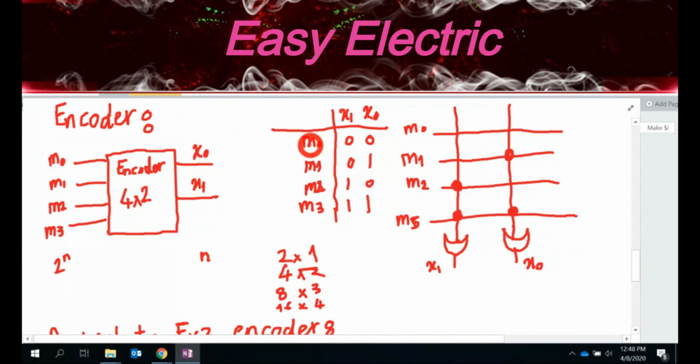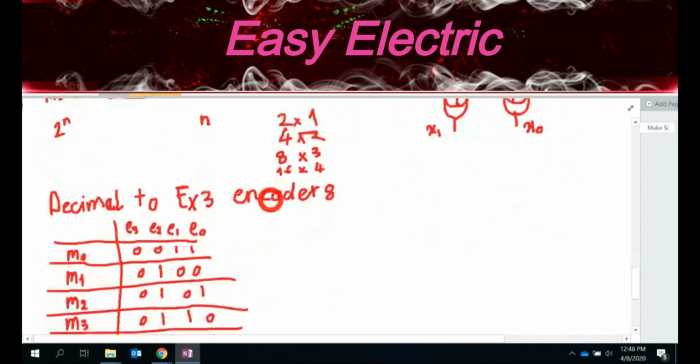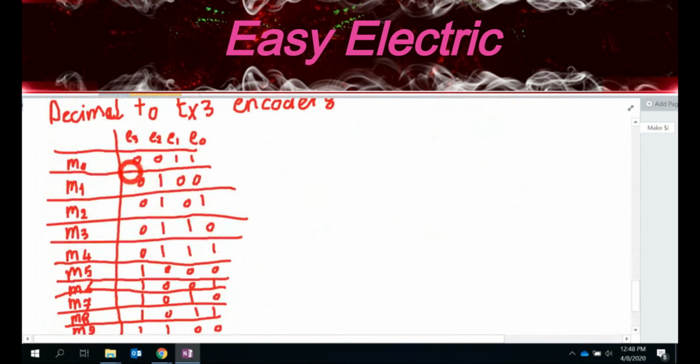For designing an encoder, we have the minterms here, and we have the codes here. You just add one OR gate for each of them, and the connection is made whenever they are 1, right? In the previous example, it was 1 and 3 for x0. But this is exactly the same thing.